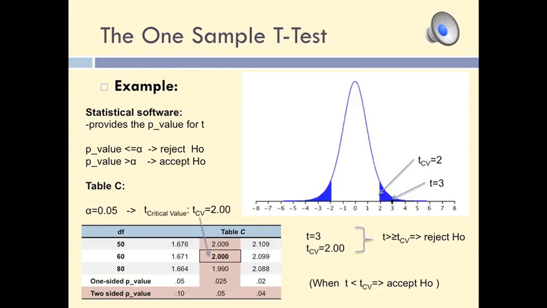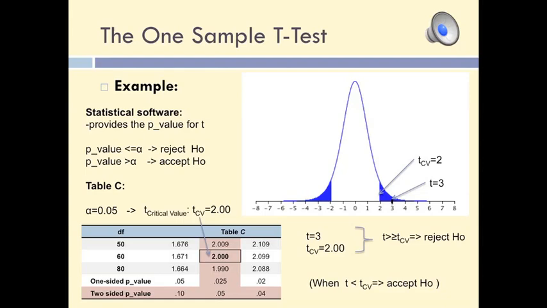In our example, the alternative hypothesis was two-sided, so we should use the two-sided p-value. And we look across columns for the value 0.05, which is our alpha. After finding the 0.05 column, we move up across rows until we find our degrees of freedom, which in this example is 60. So the critical value that we're looking for is 2.000.